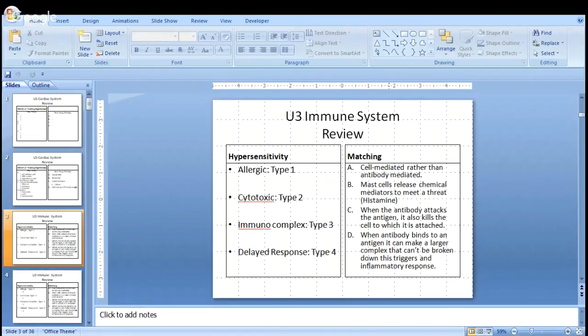That's why it's cytotoxic: cell toxic, deadly, poisonous. So C is cytotoxic type 2. And then when the antibody binds to an antigen, it can make larger complexes that can't be broken down. You remember that's the one that damages the kidneys, the glomerulus. So that's the immunocomplex type 3. And obviously we have the delayed response, which is cell mediated rather than antibody mediated.